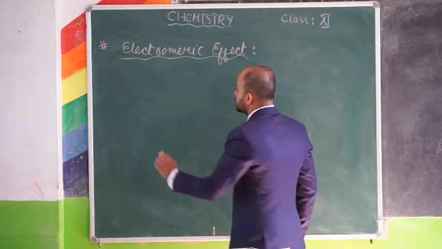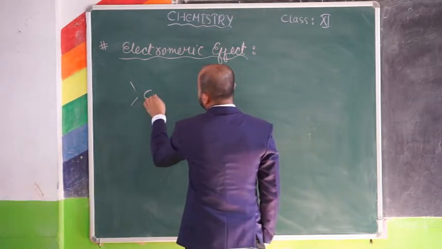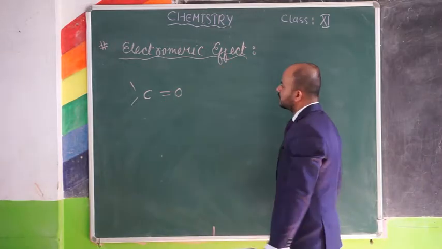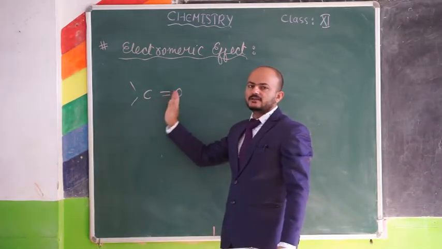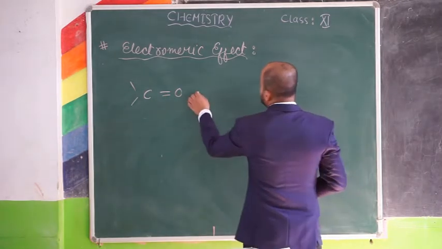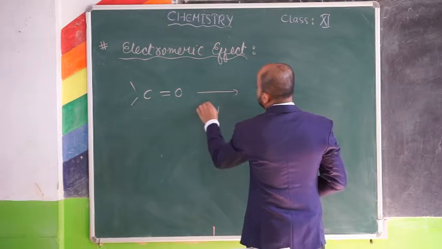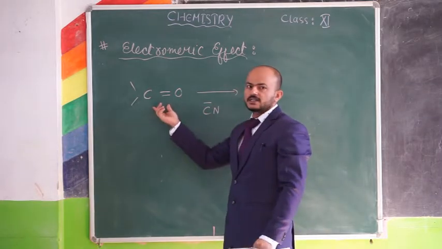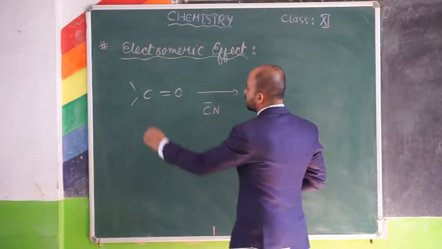For example, suppose you have this compound, say C double bond O, a carbonyl compound. Now there is always a double bond between carbon and oxygen, and it is always like this. But in presence of some nucleophile, say CN minus, what will happen? Whenever this CN minus is brought near to this carbonyl compound, then there is transfer of electrons.